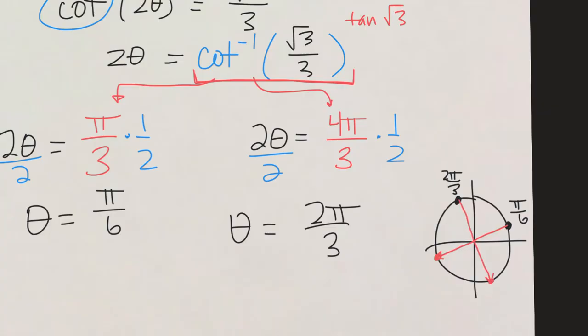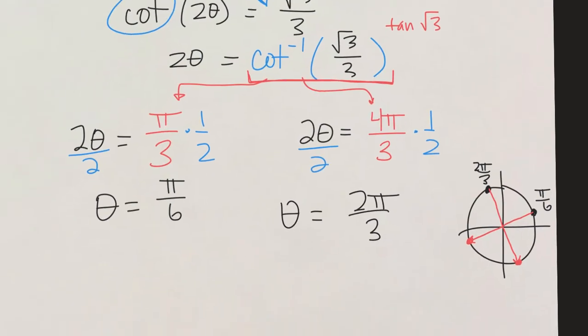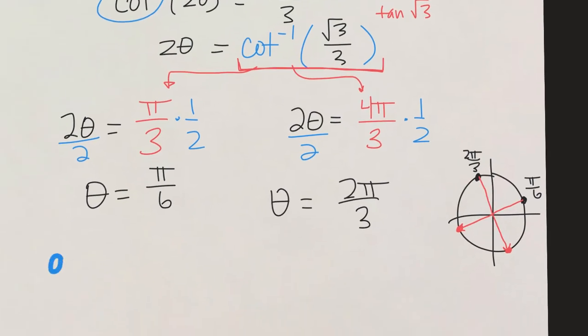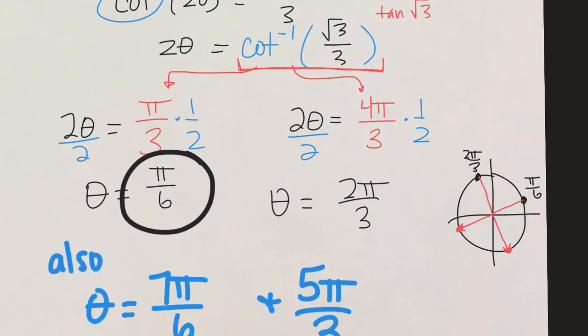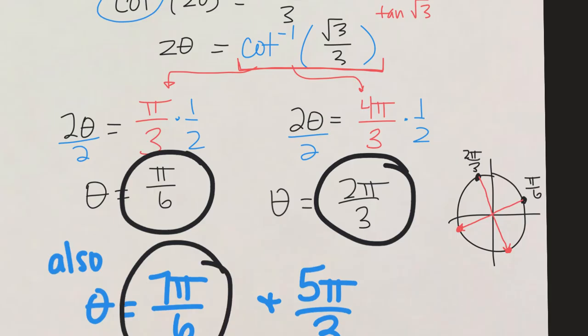So what is 180 degrees or pi units away from pi over 6? 7 pi over 6. And what's 180 or pi away from 2 pi over 3? 5 pi over 3. So we have 4 angles, pi over 6, 2 pi over 3, 7 pi over 6, and 5 pi over 3.